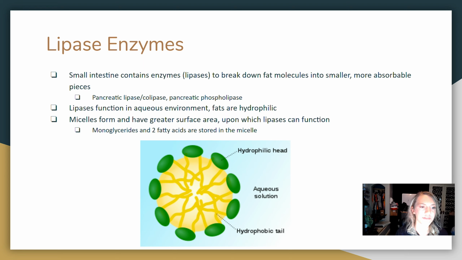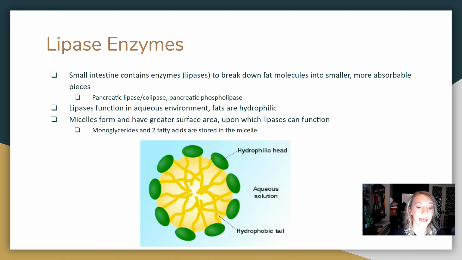So the small intestine contains enzymes called lipases that are able to do this, and the lipases function in an aqueous environment as well, meaning those fats that we just broke down in the last slide are hydrophilic. At the bottom, you can see a picture of a micelle.